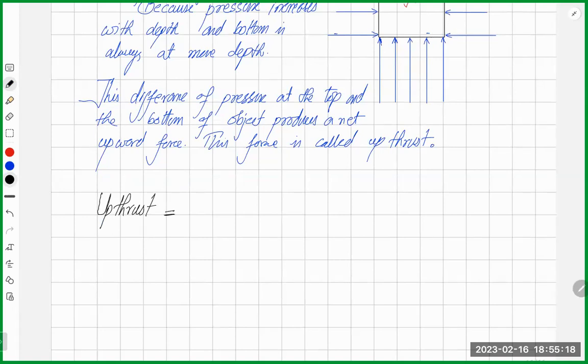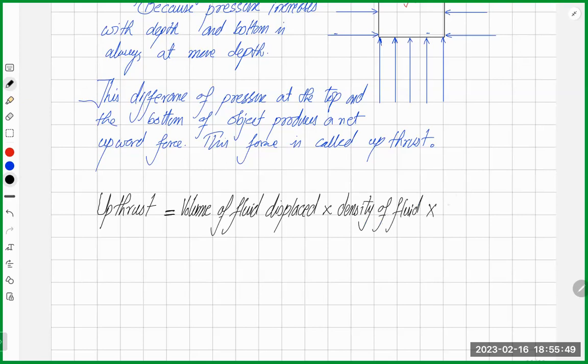Upthrust equals volume of fluid displaced multiplied by density of fluid multiplied by gravitational field strength.